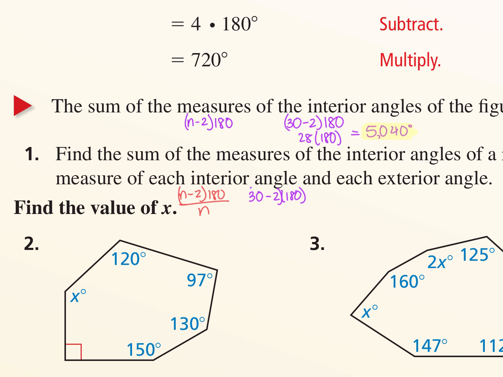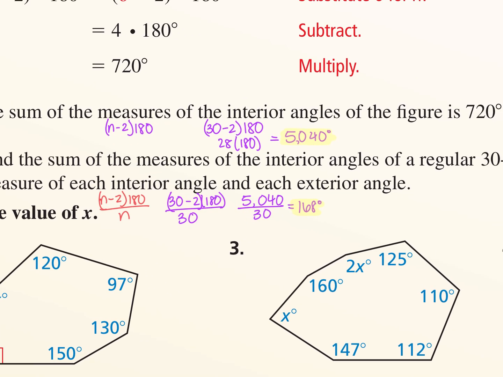Parentheses should go this way. So I'm going to have 28 times 180 divided by 30. So I'm going to get 5,040 divided by 30. And if I solve that, I'm going to get 168. That's for my interior angles.